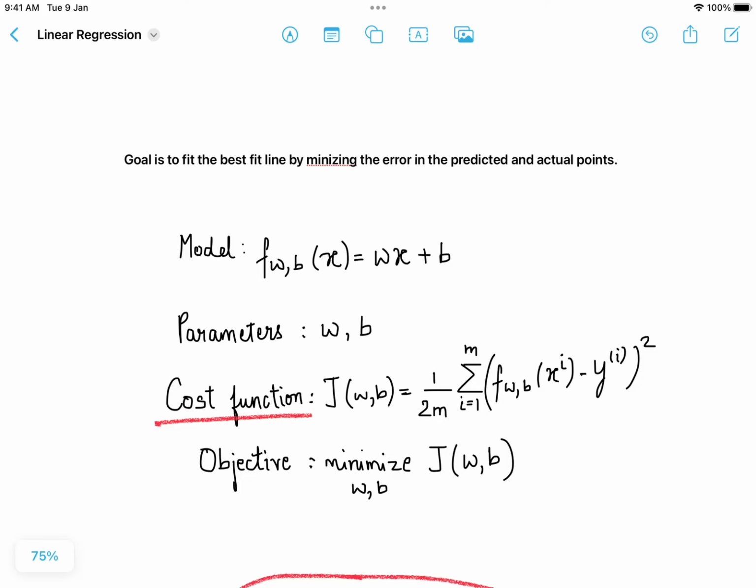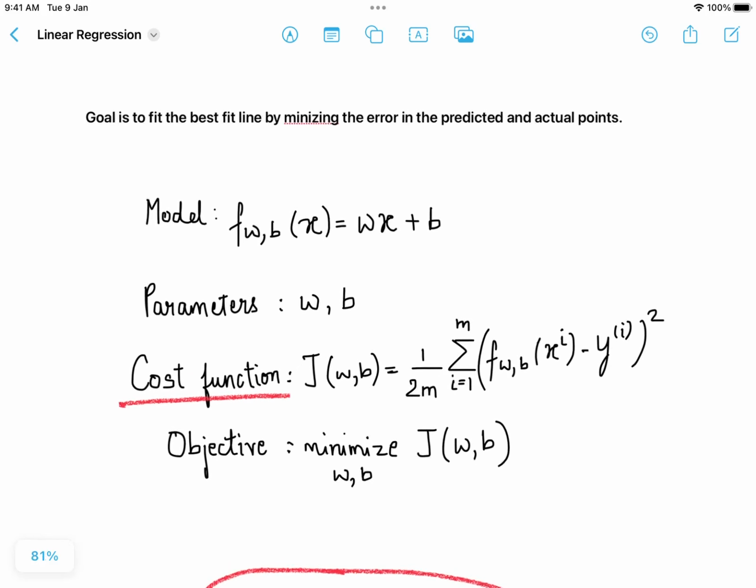This is for linear regression with one variable. Here w and b are the parameters, where b is our intercept and w is our slope. The model learns the values of these two parameters while training.